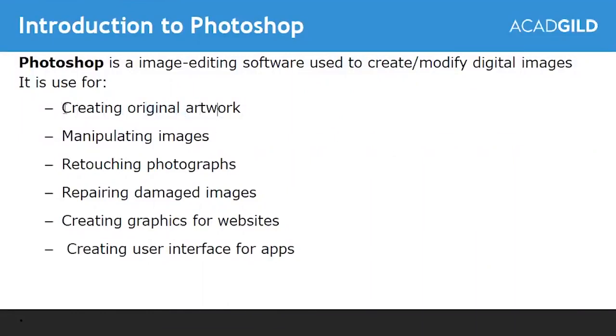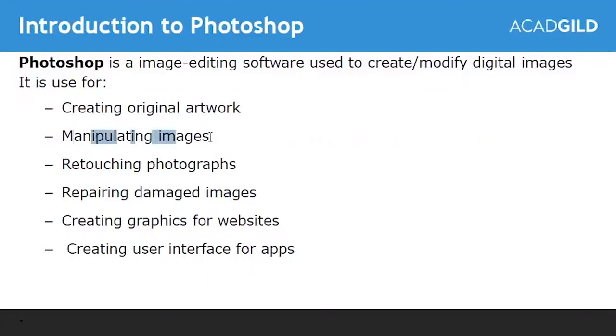In Photoshop we can create any kind of graphics or artwork, but we cannot create digital images. We can only edit digital images, but we can create different artwork inside Photoshop.